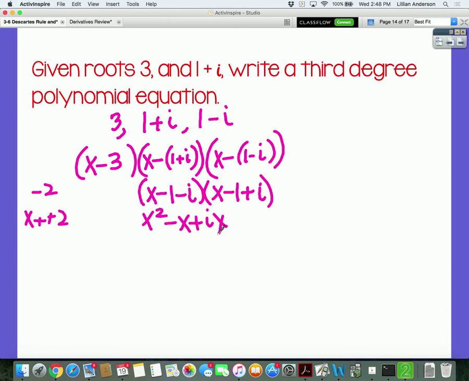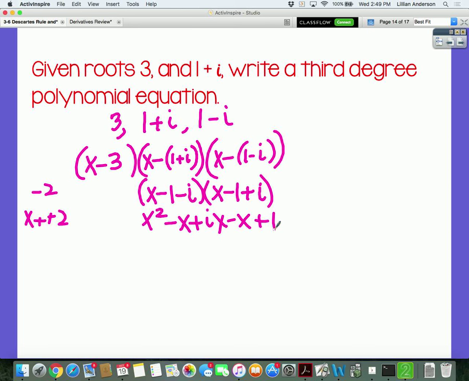Now I'm going to do the second term. What's negative 1 times x? Negative x. When we do this, we put like terms underneath each other. Yes, you definitely do this. What's negative 1 times negative 1? Positive 1. You can also do the box method if you're a box person.